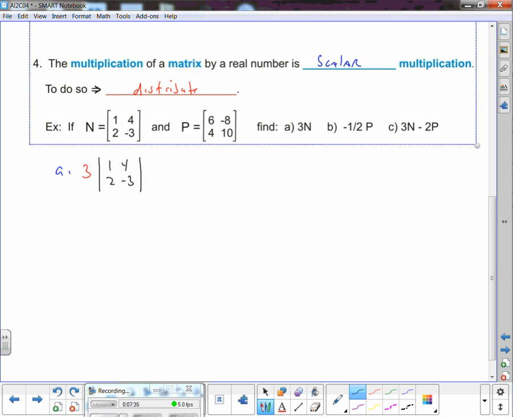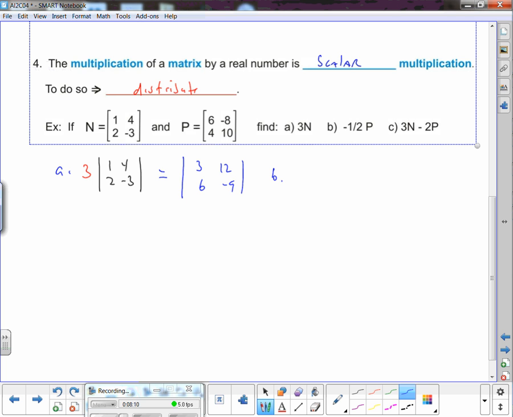If you pop open the ACT or SAT and you see a problem like A, where you just have a number out in front of a matrix, you should say, oh good, I'll do this one, because that's going to be real quick and easy. I'm just multiplying. All you're doing is distributing to every single element. So you're going to end up with a 3 and a 12 in the top row and a 6 and a negative 9 in the bottom row. You're just distributing that 3: 3 times 1, 3 times 4, 3 times 2, 3 times negative 3, and away you go.